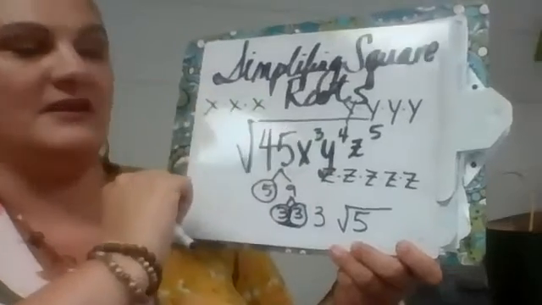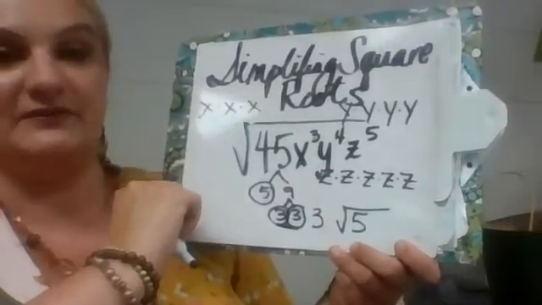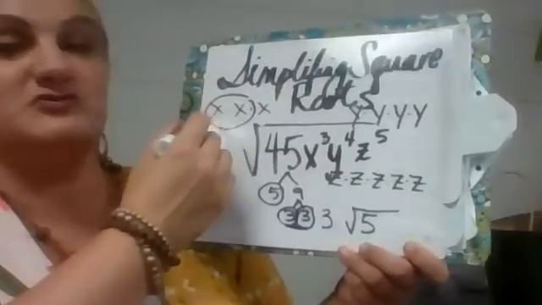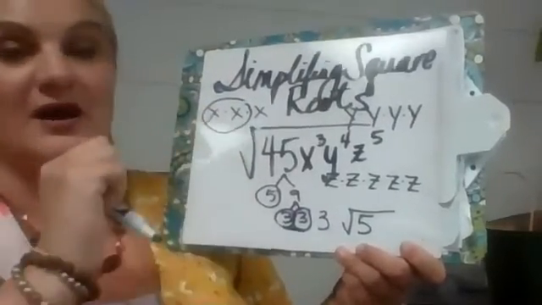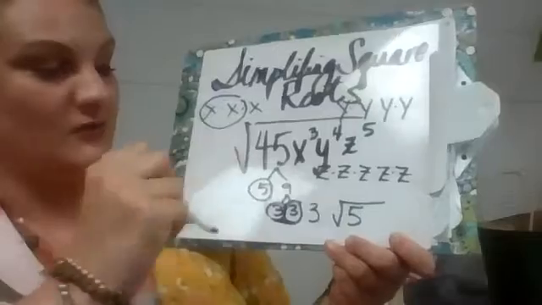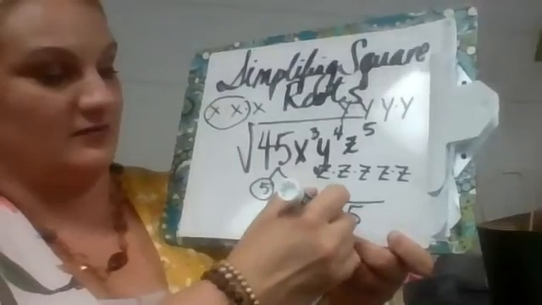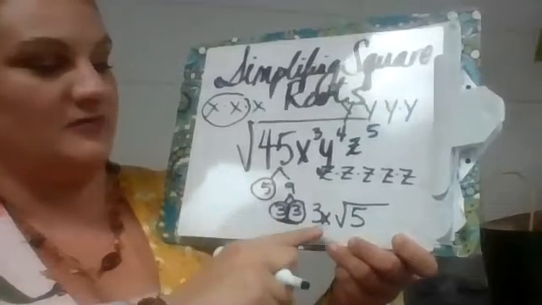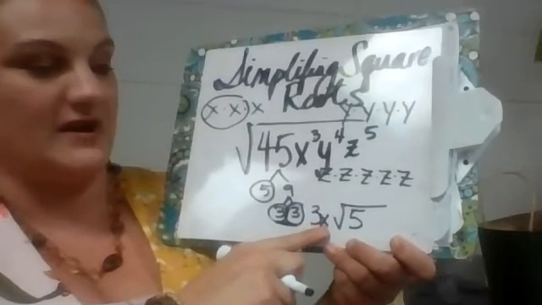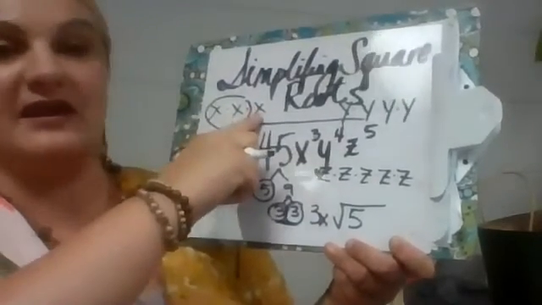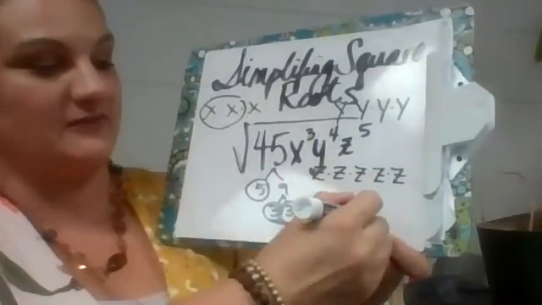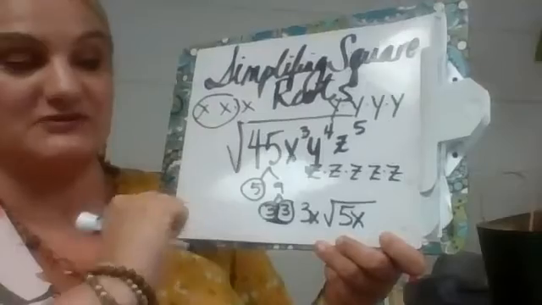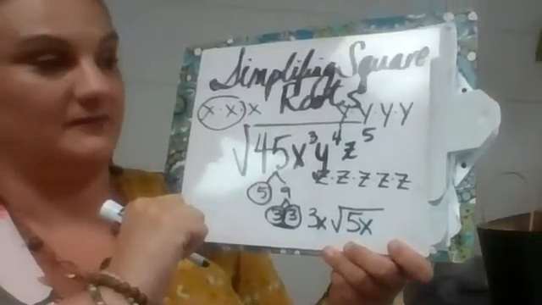Well, how many pairs are in 3? 1 pair. So those pairs can go on a date and be a coefficient for our radical. So remember, they're taking 1 car, so you write 1x. Then you have an x left over. Well, that x left over gets to stay in the radical house, which is called our radicand.